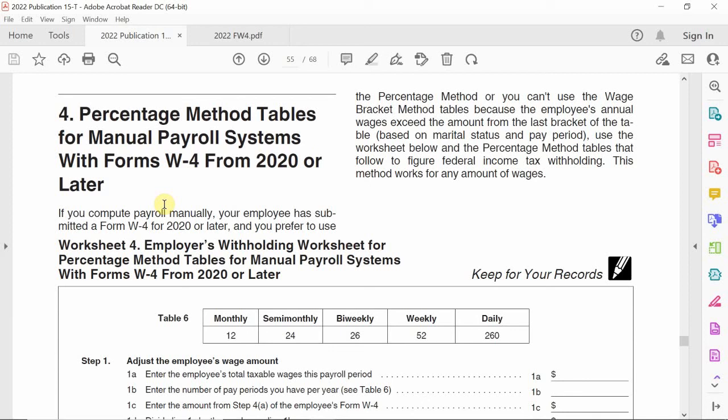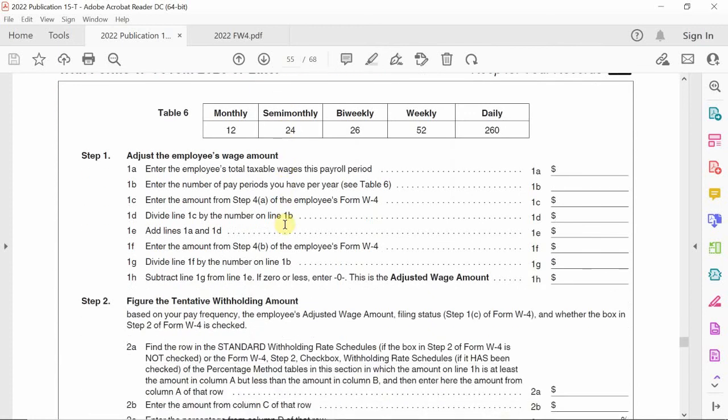So anybody who's a new employee is forced to use the 2022 W-4 form. So, since we're in the current time of 2022, I'm going to show you how to do the percentage method for W-4 forms for 2020 and later. Okay, so this is the tax table you're going to be looking at.